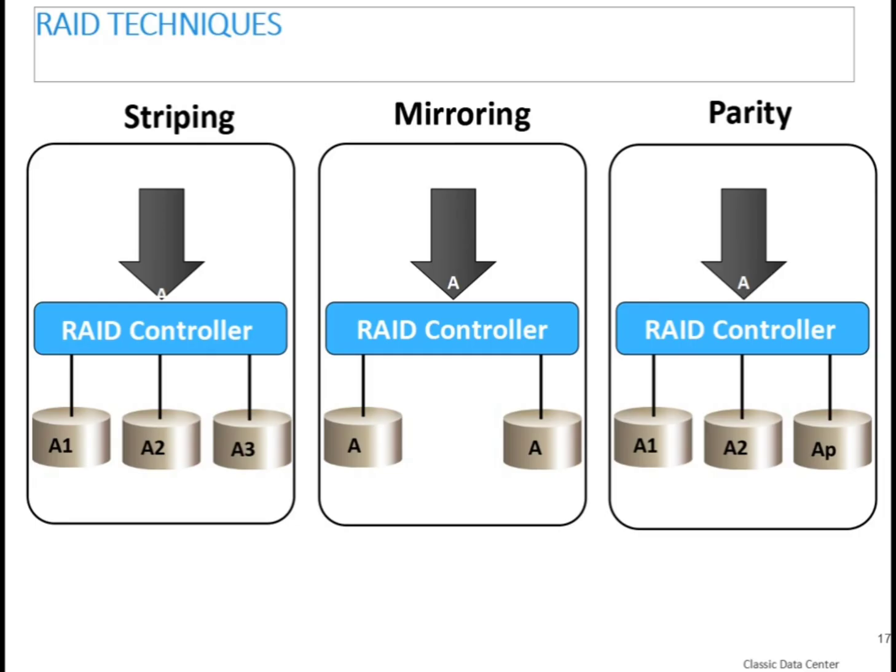Parity RAID is less expensive than mirroring because parity overhead is only a fraction of the total capacity. Parity information can be stored on separate dedicated disk drives or distributed across all the drives in a RAID set. Parity calculation is a bitwise XOR operation. Calculation of parity is a function of a RAID controller.